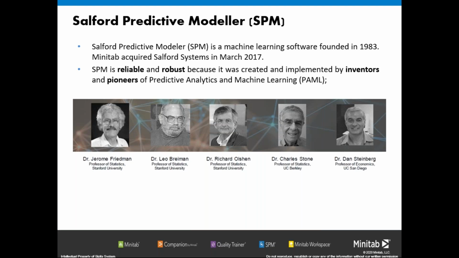SPM is reliable and robust because it was crafted and implemented by inventors and pioneers of predictive analytics and machine learning: Dr. Jerome Friedman, Dr. Leo Breiman, Dr. Richard Olshen, and Dr. Charles Stone.